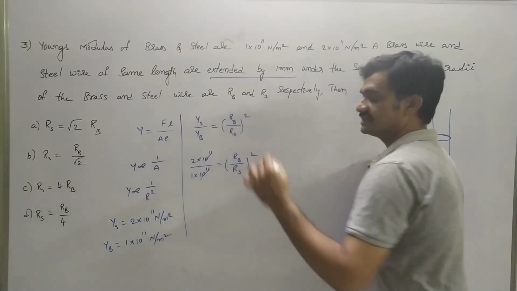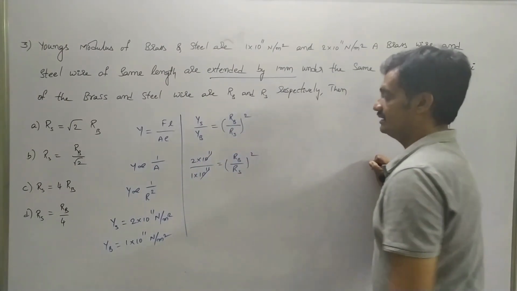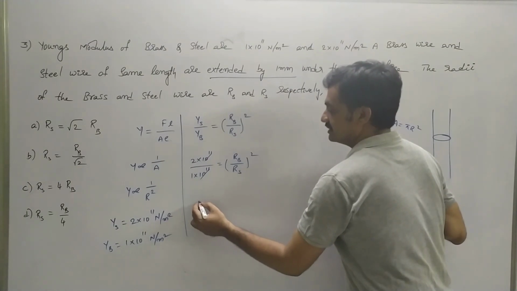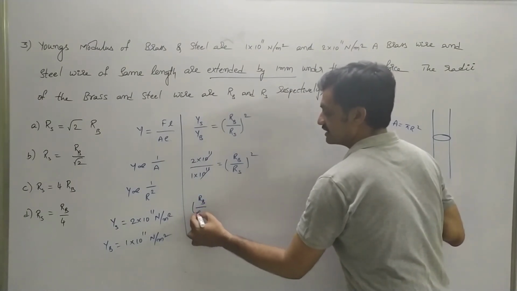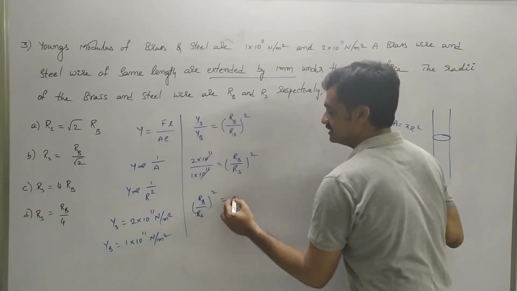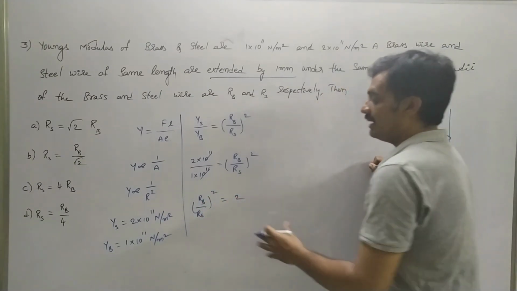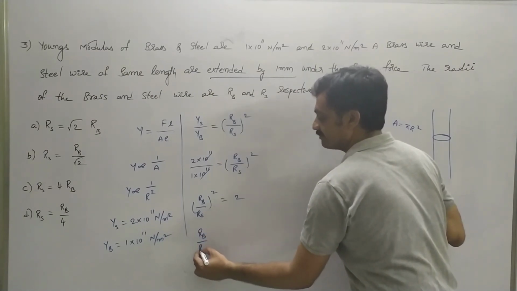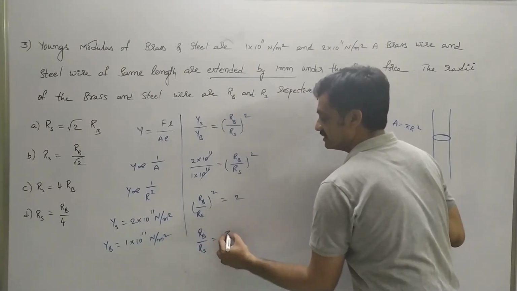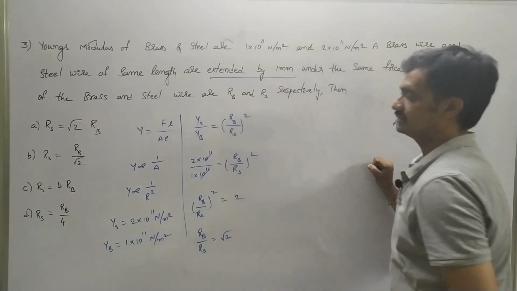10^11 gets cancelled. Then you observe that (r_b / r_s)² is equal to 2. Apply square root on both sides. Then r_b / r_s is equal to root 2.